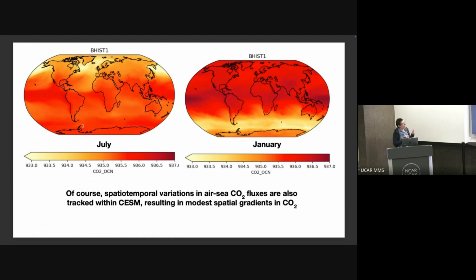This is the variation in atmospheric CO2 arising from ocean fluxes. If you look at those color axes, the variations due to ocean fluxes in the atmosphere are much smaller. It's a much smoother field, with a much smaller variation imprinted. And again, this is just the lowest model level.